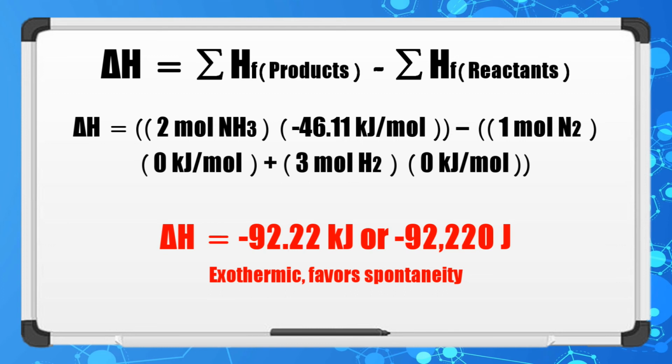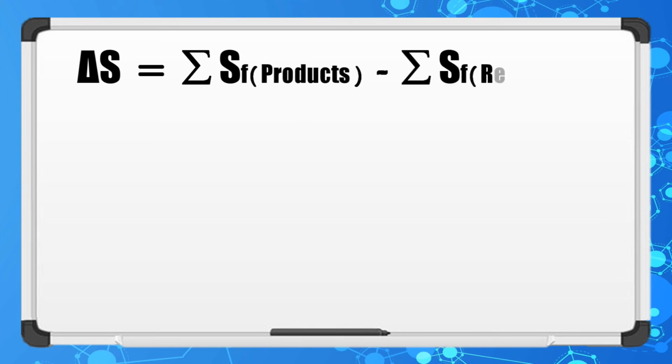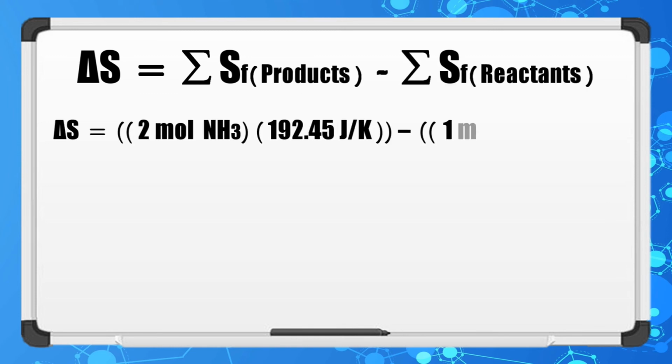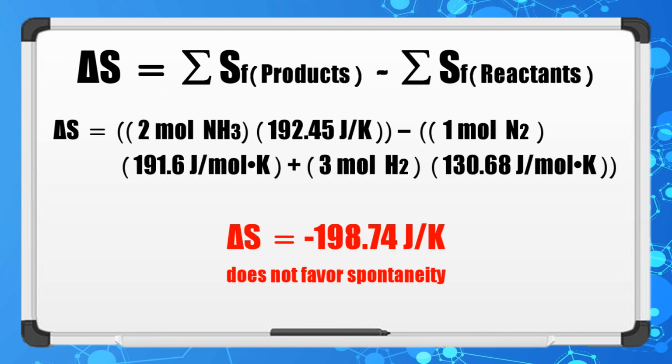The change in enthalpy is negative, which means that the reaction is exothermic and favors spontaneity. Next, we need to compute for the delta S. We will use the formula for delta S, then substitute the needed values and simplify. Delta S will be equal to negative 198.74 joules per Kelvin. The change in entropy is also negative, indicating that the reaction doesn't favor spontaneity.